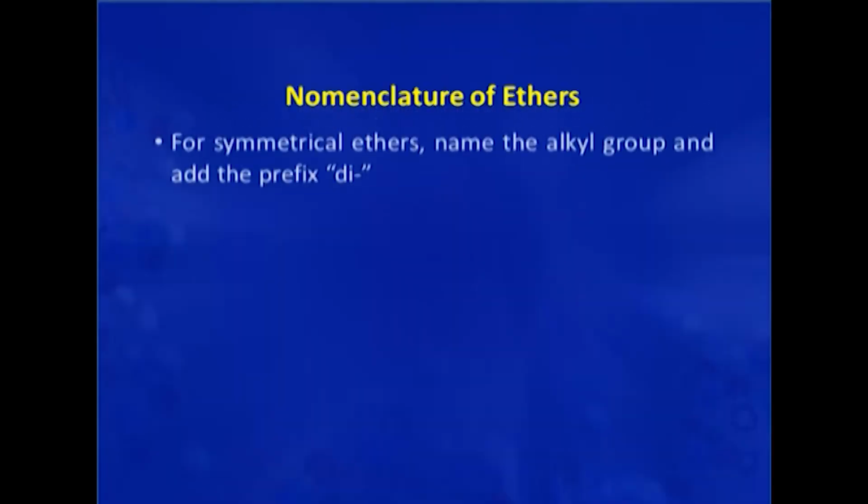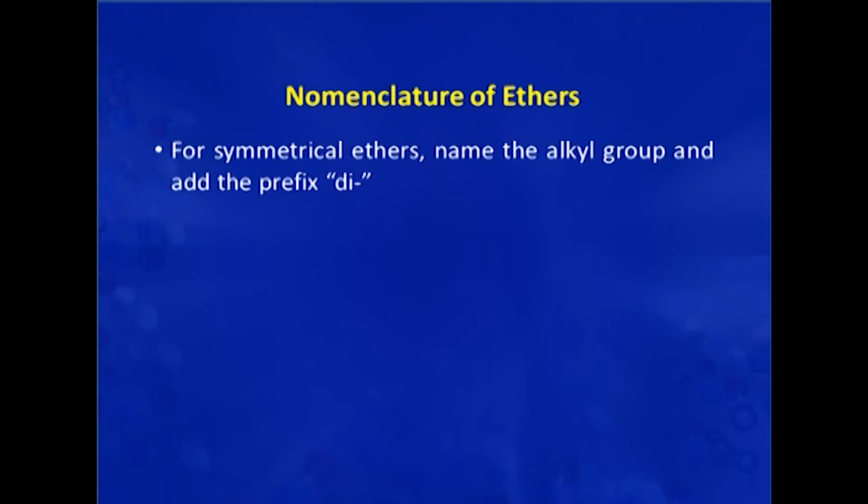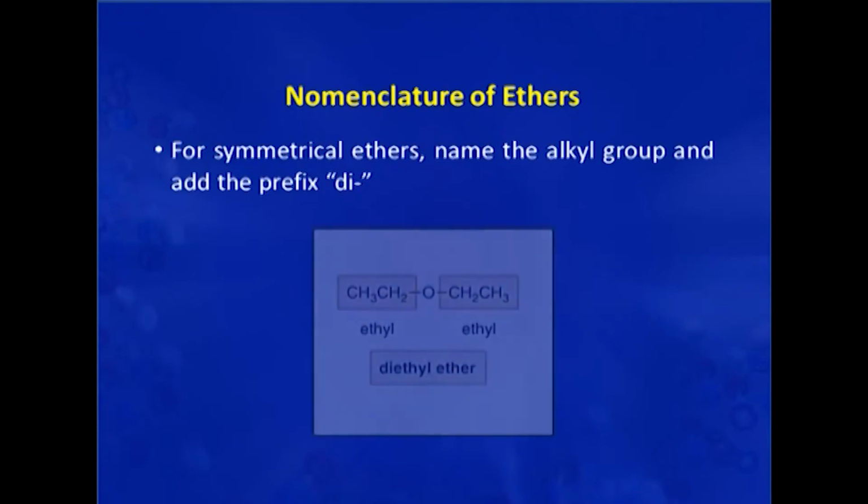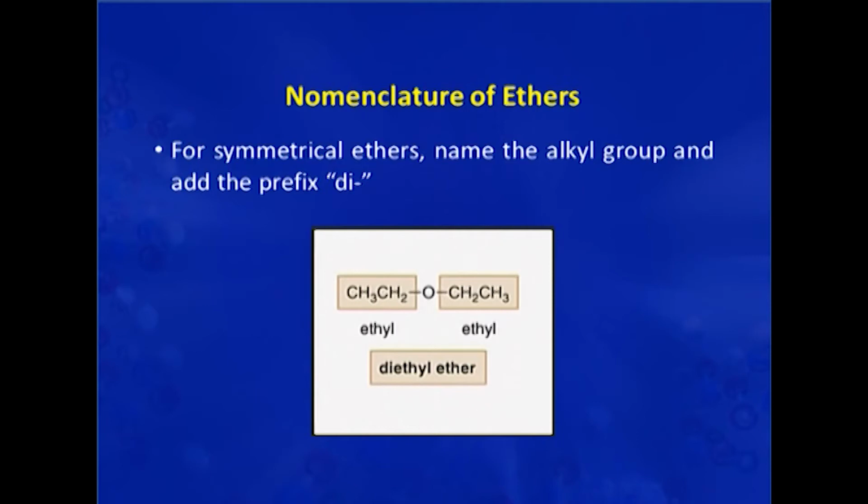In case of symmetrical ethers, the two alkyl groups are the same, and that is why instead of repeating the two alkyl groups, like we will not say ethyl ethyl ether, on the contrary we will put the prefix di before the name of the alkyl group, and that is why the name is diethyl ether.